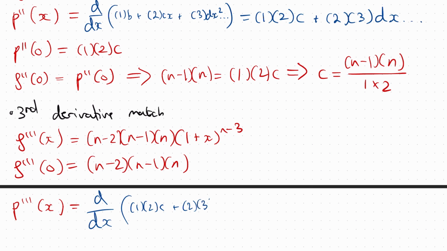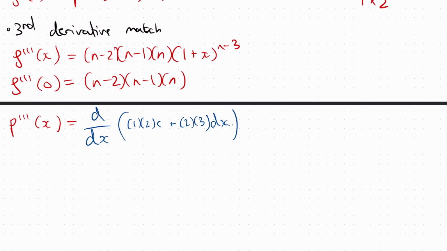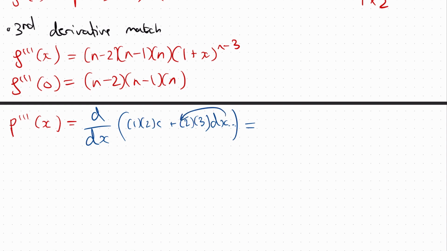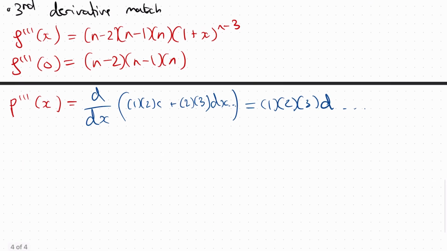So, d of x, and taking this derivative, this is going to cancel out, d of x comes down here, so we're going to get 1 times 2 times 3 times just d. And of course, that continues on infinitely.